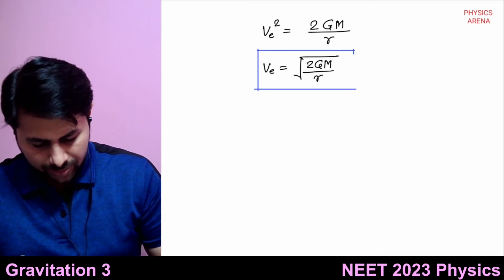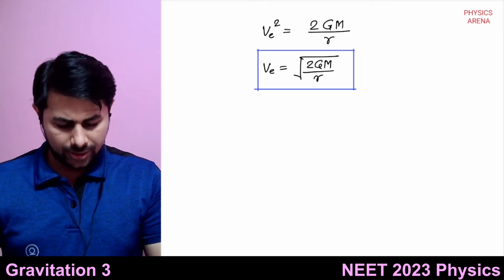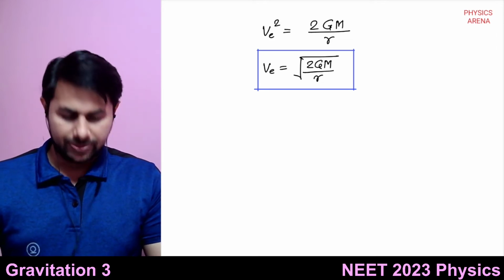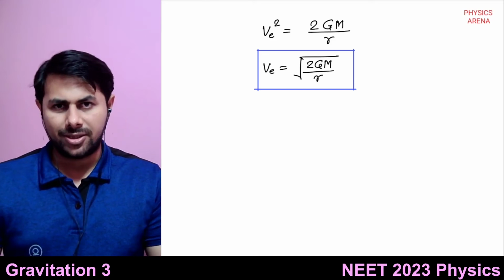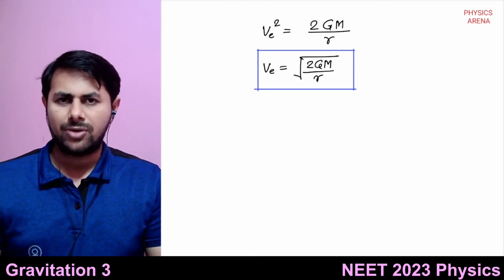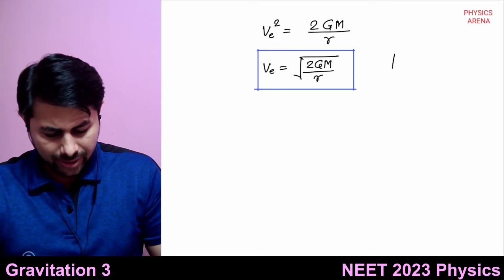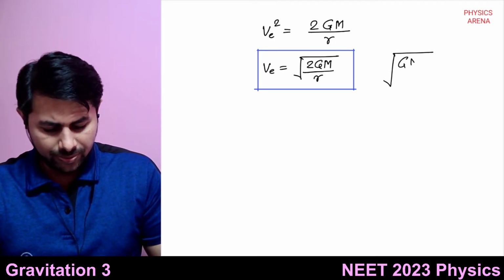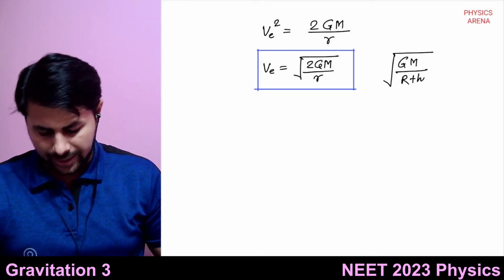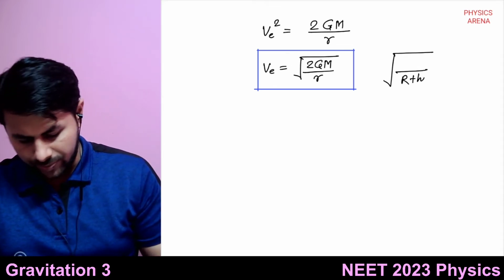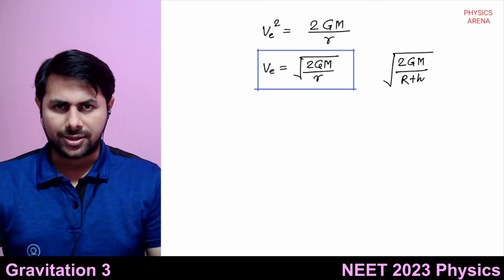If the object is at distance r from the center of Earth, the minimum speed which must be given to the object such that it escapes Earth's gravitational influence is square root of 2GM upon r. That r can always be written in terms of the radius of Earth and the height, so it is square root of 2GM divided by R plus h.